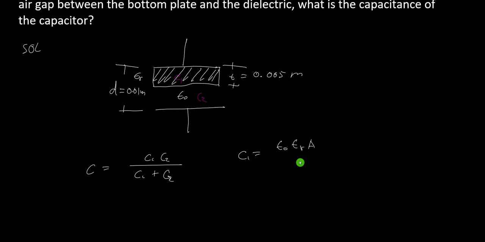They have the same area, and the thickness is this one, T. And for C2, C2 will be epsilon naught times 1, because epsilon R is just 1, times the area, the same, and the thickness will be equal to D, the total distance from here to here, minus T. You subtract this one here, and this will be D minus T.